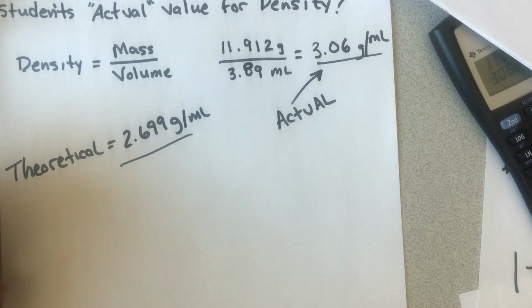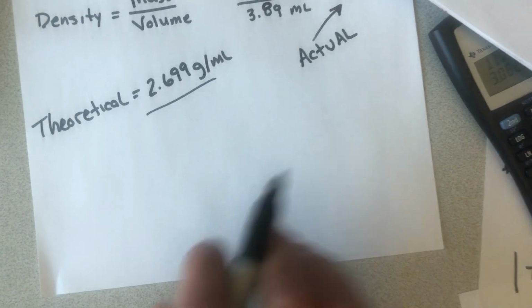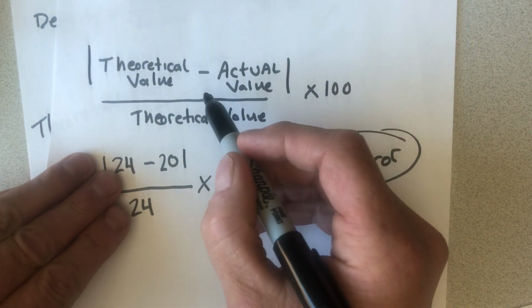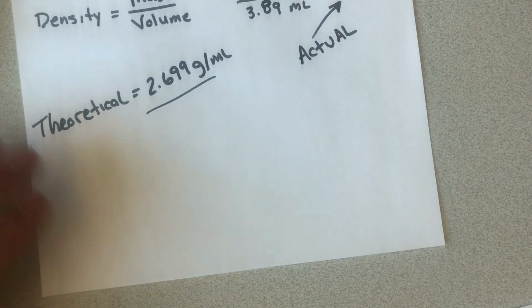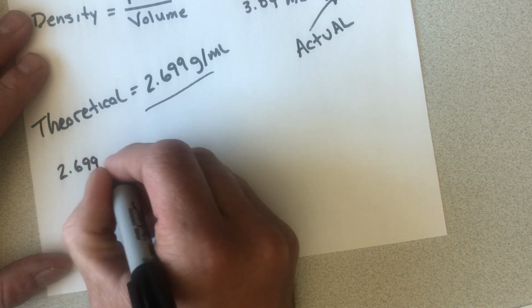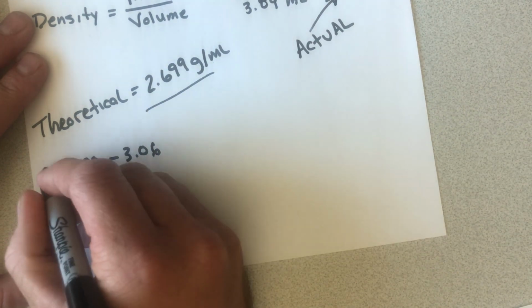Okay, so it's this number that we've got to compare to this number in our percent error calculation. Let's just follow that equation, which is this one right here. So we're going to take our theoretical 2.699 and we're going to take away 3.06.